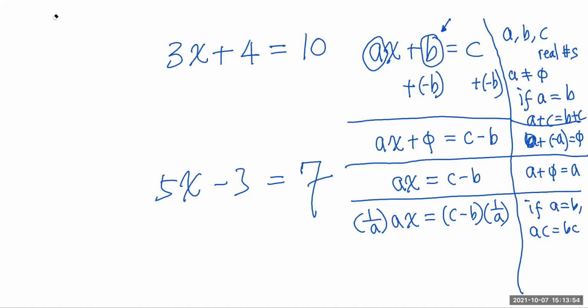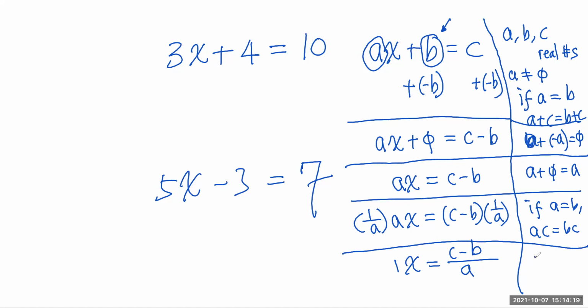And that's why it's important to follow the rules, because we are not dealing with any numbers. Everything is symbols. But then we know on the left-hand side, 1 over a times a, which is the reciprocal. A number times its reciprocal is 1. We get 1x. On this side, we can just write c minus b over a.